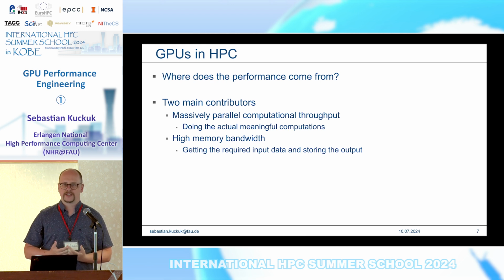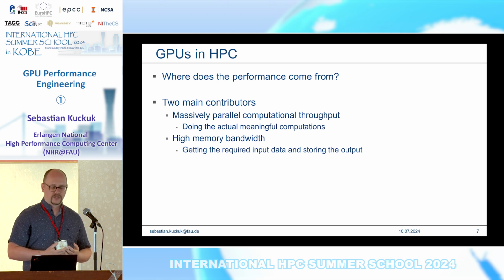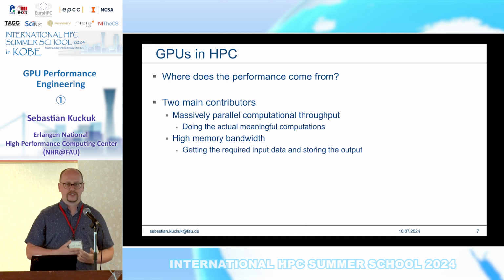As an application scientist and also as a computer scientist, this is what you're looking for. However, in practice, you're frequently also restricted by the speed of getting the data that you need for the computations to the units doing the computations, and to storing the data back after doing the computations. And here we are usually speaking about main memory bandwidth, the bandwidth that we use to get and store data. And on GPUs, you will find that this is comparatively high compared to CPUs.